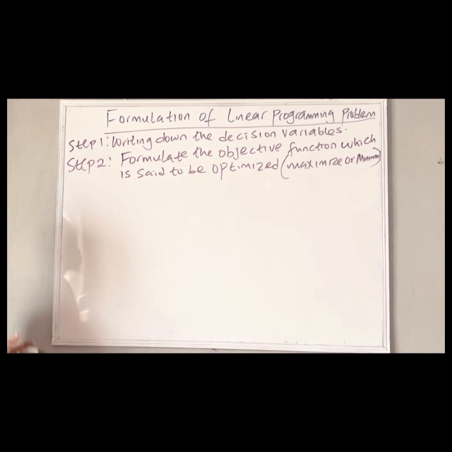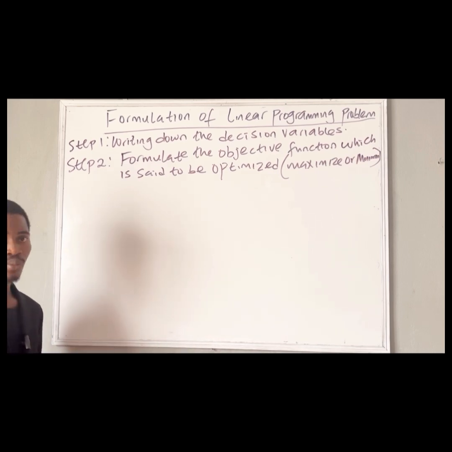I said that maximization deals with profit, that is, we maximize profit and we minimize cost. When the word problem is talking about profit, the objective function must be to maximize. When it is talking about minimizing, it is talking about cost, so we have to minimize the cost.